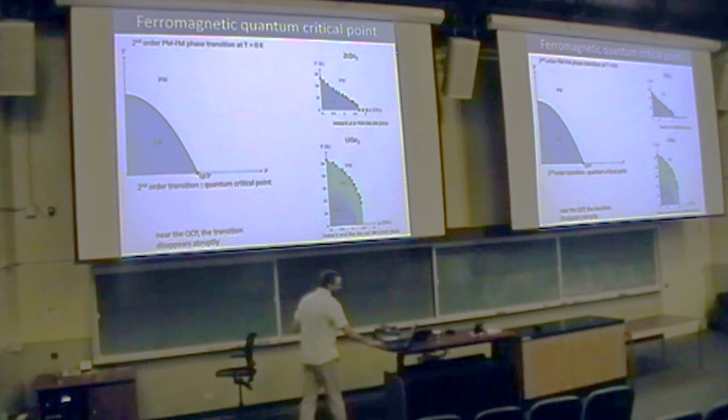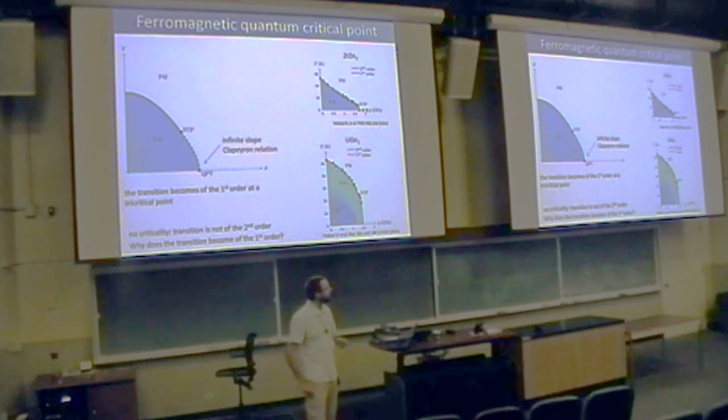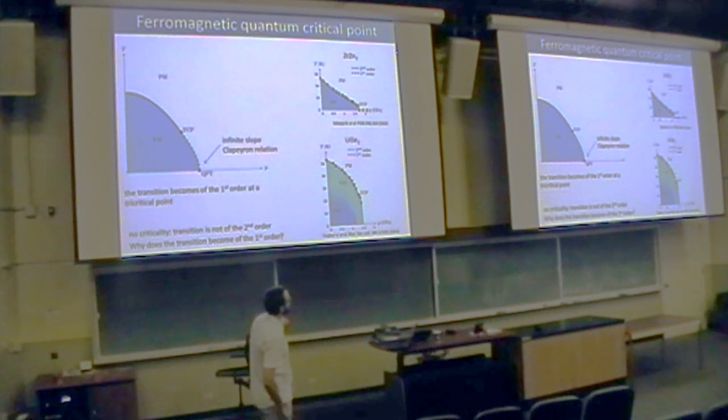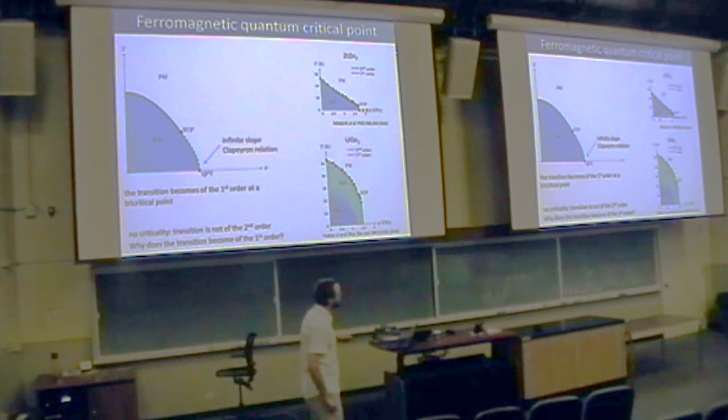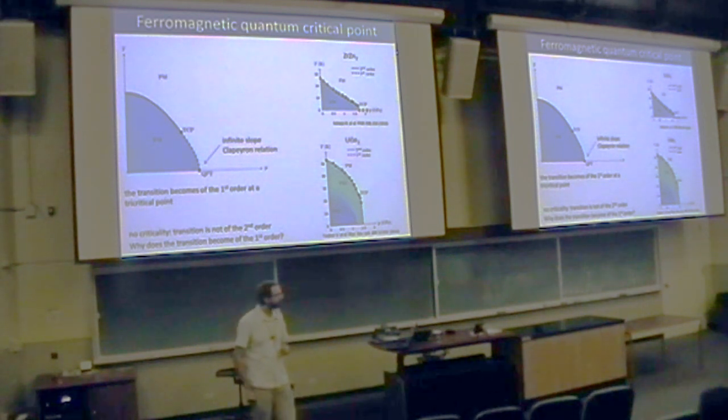What happens is that the transition becomes of the first order. So in the phase diagram, there is what we call a tri-critical point, where the transition is going to change from the second order to the first order. So in zirconium zinc 2, this tri-critical point is at about 3 Kelvin, and in uranium germanium 2, it is at about 25 Kelvin.